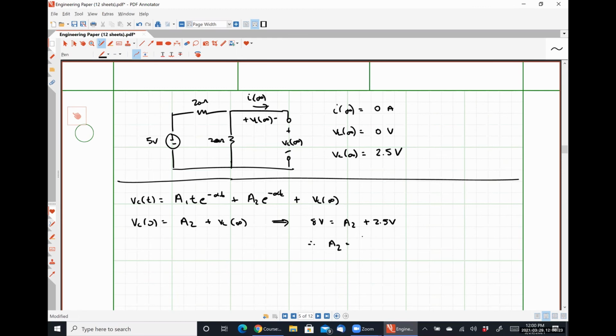So A2 is equal to 8 minus 2.5, which is 5.5 volts.